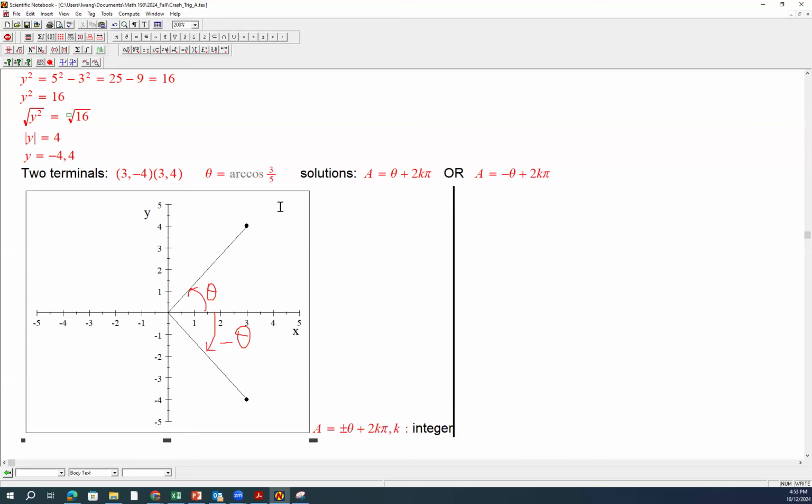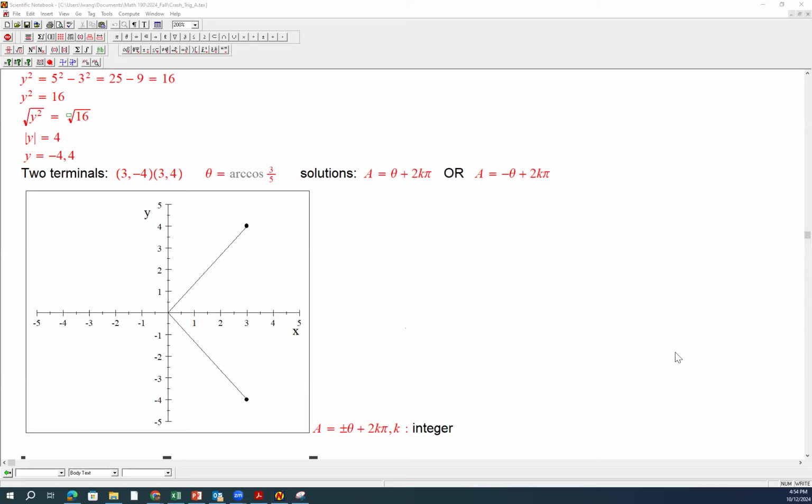Okay, so now how about arc cosine? Let's talk a little bit about arc cosine. The detailed information about arc cosine I will talk about in later lessons.